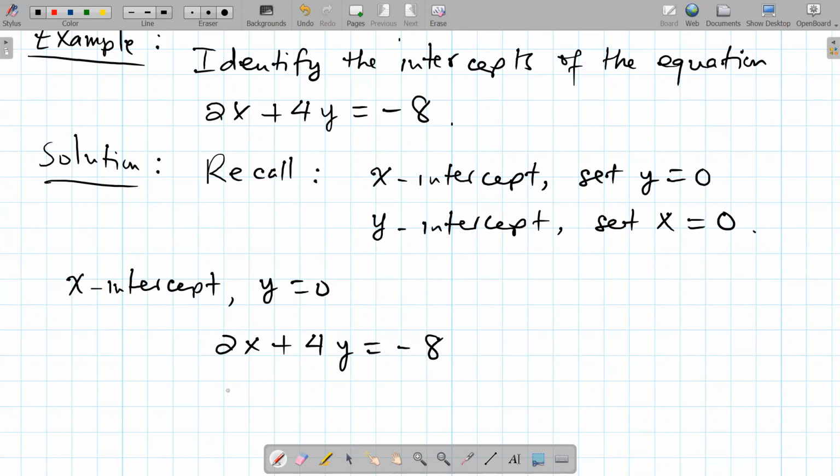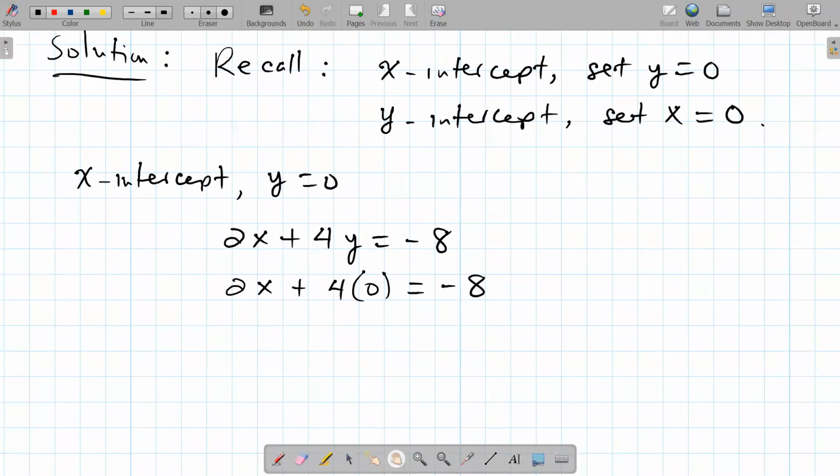So all that I do is I keep my 2x, 4 times y. Well, remember that for the x-intercept, my y is 0. So I substitute 0 for y there, equals -8. 2x, 4 by 0 is 0. And that should be equal to -8.